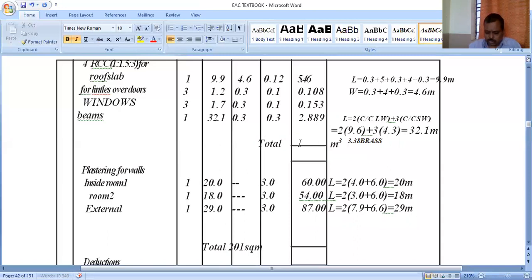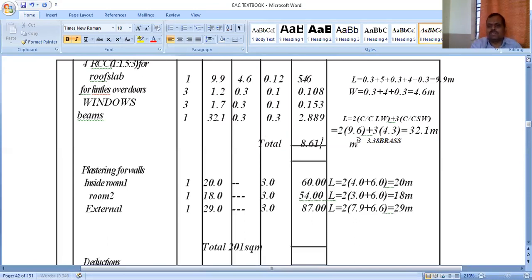So first of all, for the roof slab, it is 5.46 plus 0.108 plus 0.153 plus, at last, 2.889. It will be 8.61 cubic meter.